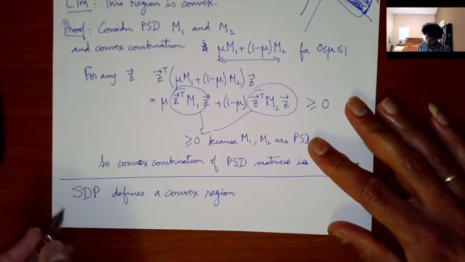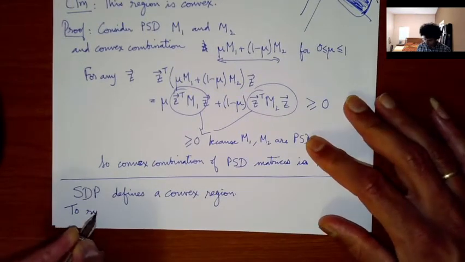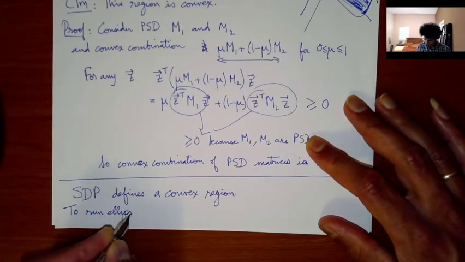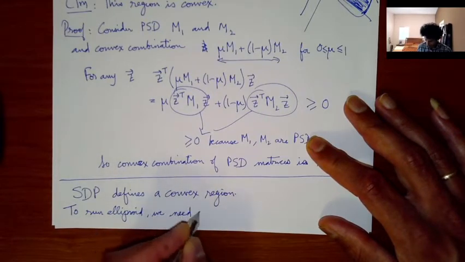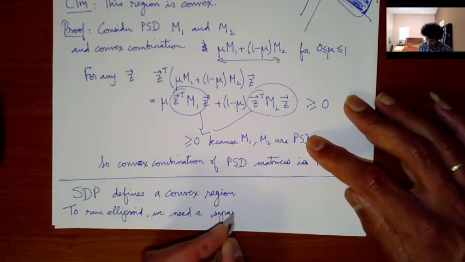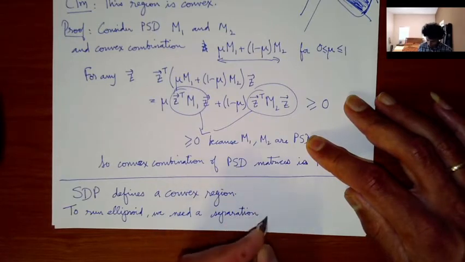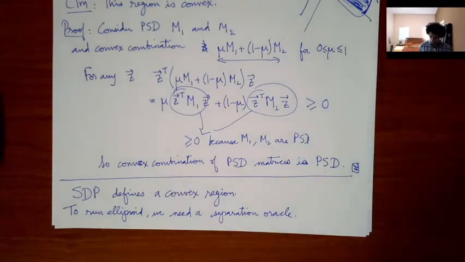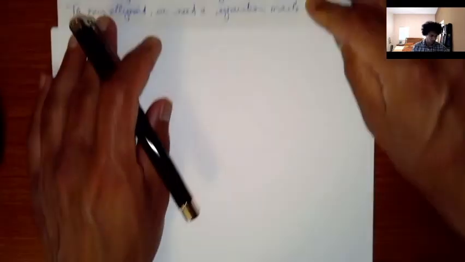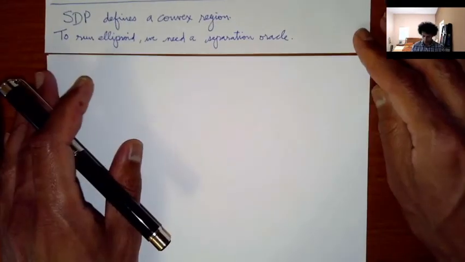To run ellipsoid, we need a separation oracle. As long as we have a separation oracle, then we can run the ellipsoid algorithm. So just recall, what is a separation oracle?